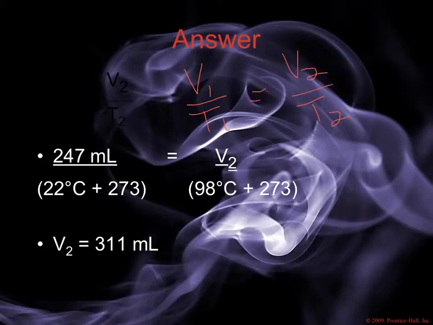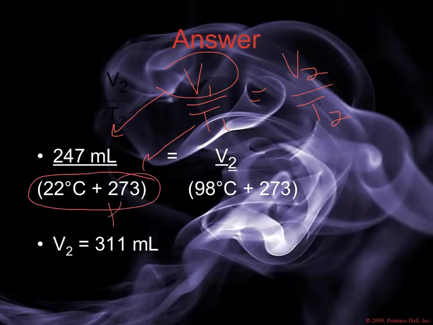Alrighty, so the original volume was 247 milliliters. Temperature, remember, for gas laws always has to be in Kelvin, so I had to convert that. And we're trying to solve for the new volume and the new temperature in Kelvin.